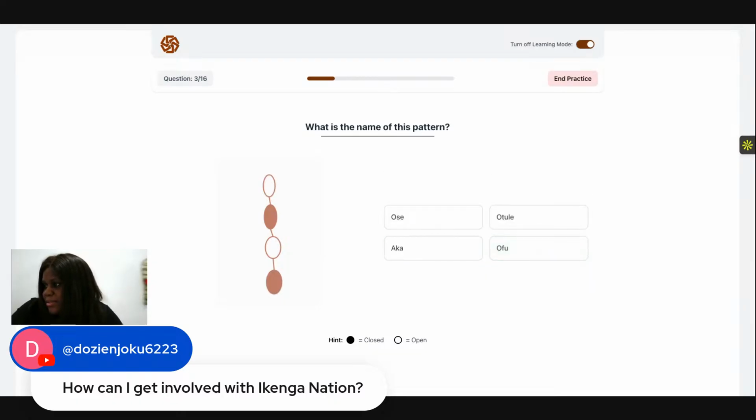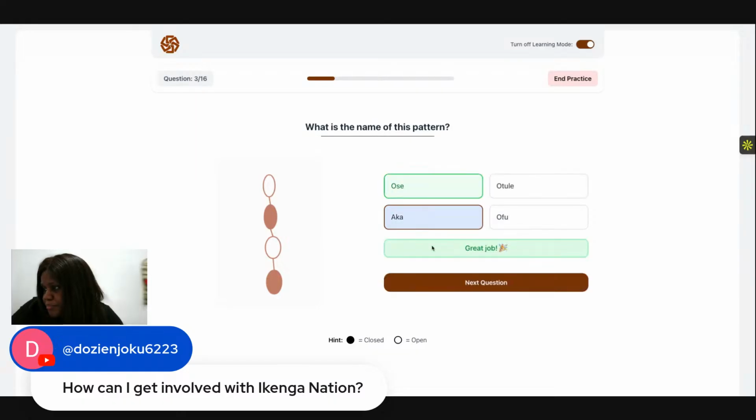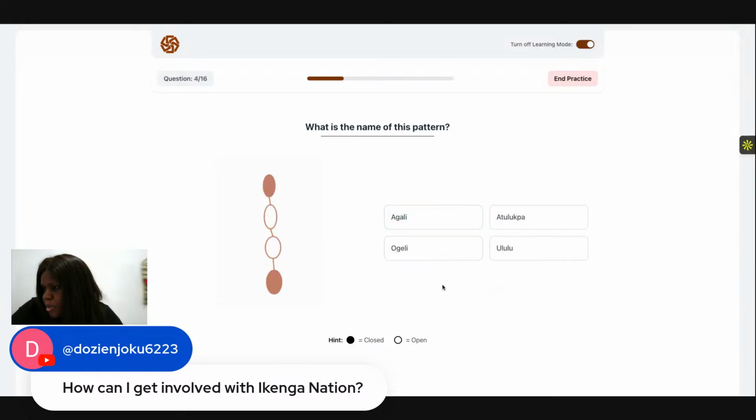This is Naaka, Naotule. This is either Ose or Ofu. Oh, this is Ose. This is the opposite of Odi. Oh, this is Ogili.